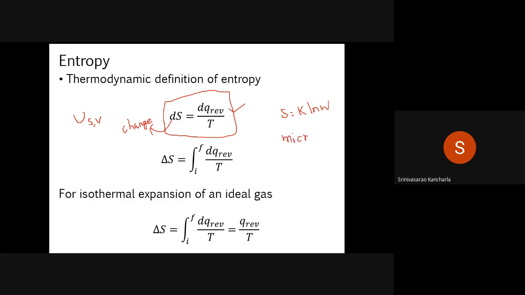Microscopic state is nothing but, instead of n number of moles, you are going to one molecule. Inside one molecule, how the microscopic particles, the neutrons, protons, or the electronic arrangements are, and their contribution to the entropy, that is called absolute entropy.